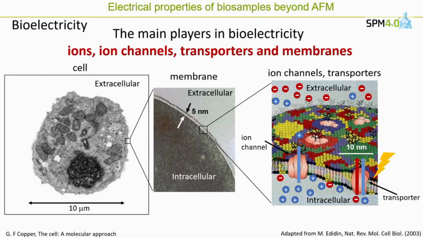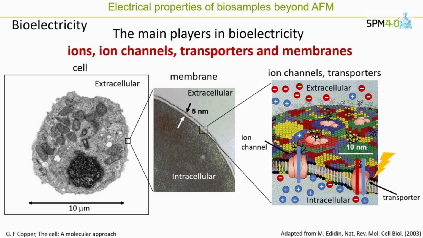All the electricity that we have in our body is generated by this mechanism. Basically, you have ions, ion channels, transporters, membranes, and all the metabolic processes. This is how the electricity is generated.